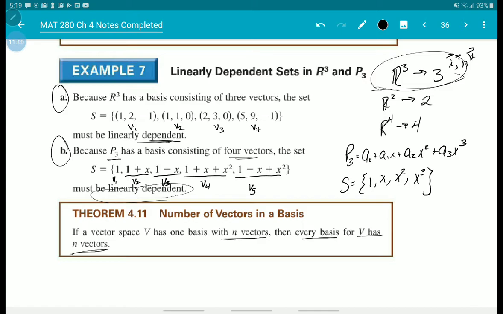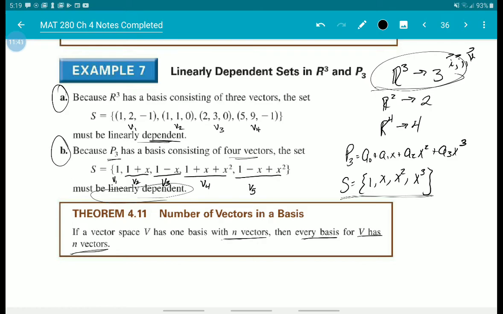Because that basis has 3 vectors in it, any basis we could form for R3 would have to have exactly 3 vectors. No more and no less. B is the same way. Because we know the standard basis here consists of 4 vectors for P3, every basis we could come up with will have to have exactly 4 vectors for P3.